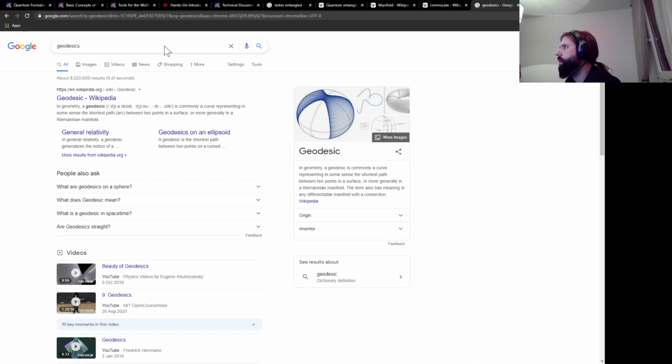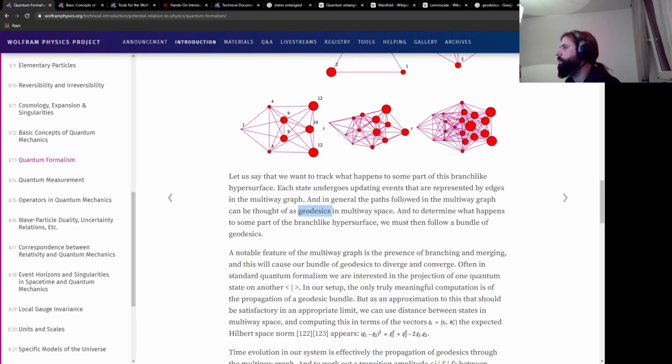So, in a multi-way space, in general, the paths followed in the multi-way graph can be thought of as geodesics in a multi-way space. So this multi-way space really does not just hold the quantum state, but like the evolution of the quantum system. And to determine what happens to some part of the branch-like hypersurface, we must then follow a bundle of geodesics.